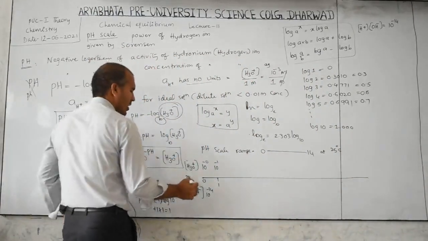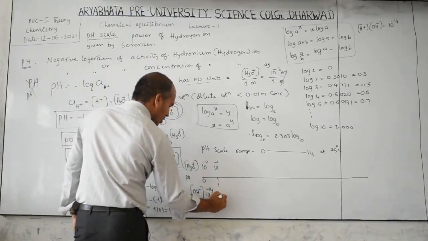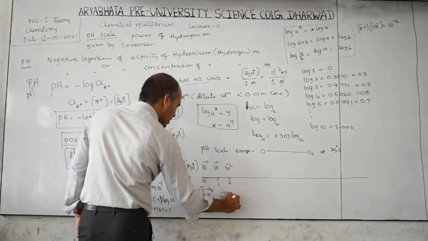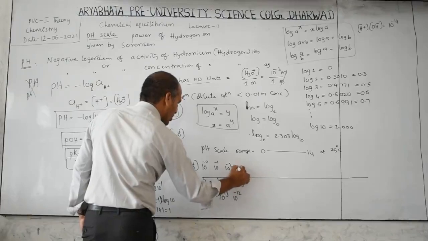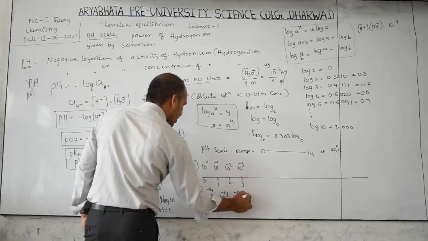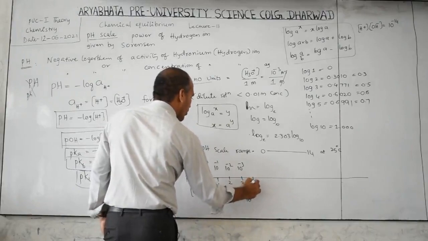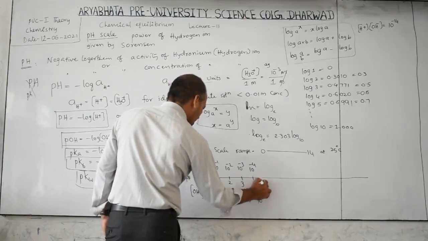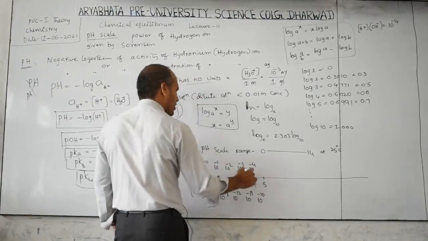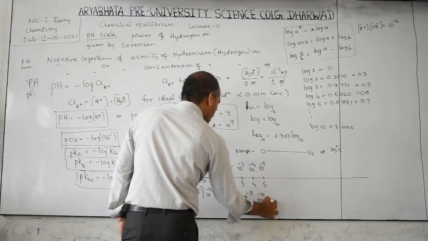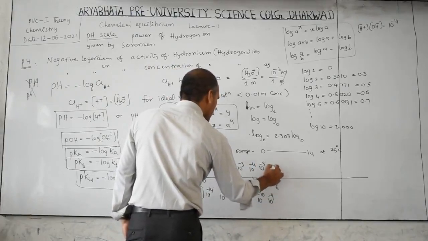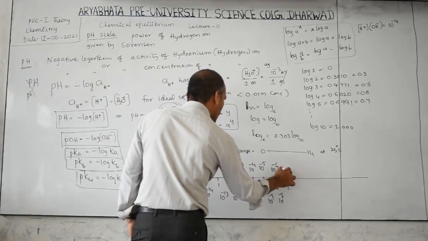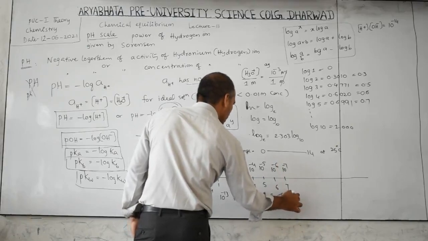Next, pH 1 means H plus 10 power minus 1 and OH minus 10 power minus 13. pH 2 means 10 power minus 2 and 10 power minus 12. pH 3 means 10 power minus 3 and 10 power minus 11. pH 4, then 10 power minus 4 and 10 power minus 10. pH 5, then 10 power minus 5 and 10 power minus 9. pH 6, 10 power minus 6 and 10 power minus 8. pH 7, 10 power minus 7 and 10 power minus 7.